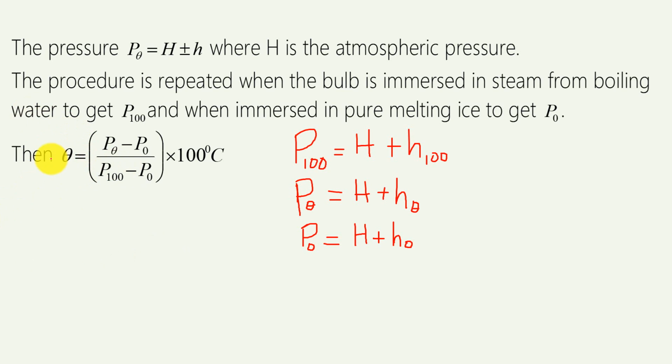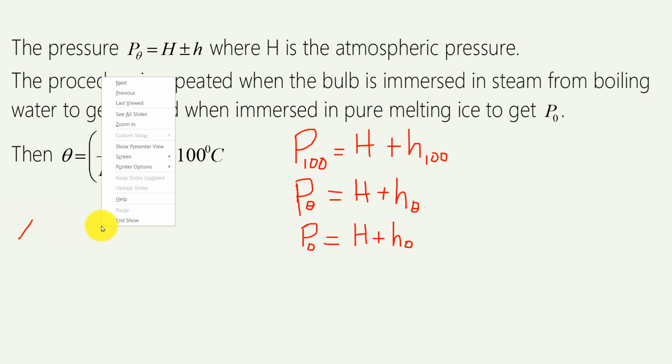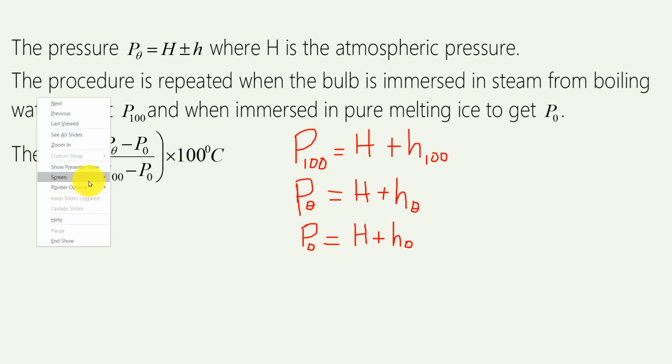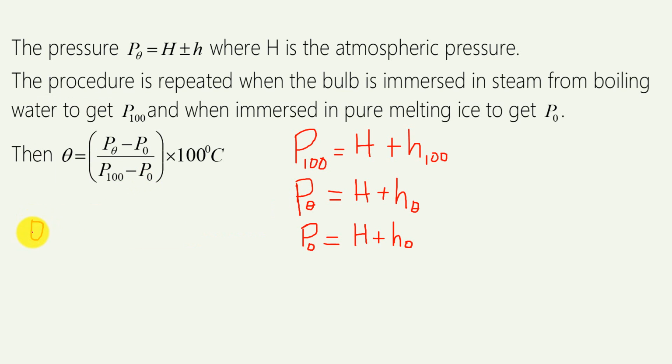Then observe something. We know that on a Celsius scale, remember what we wrote previously, if you want to determine the unknown temperature on a Celsius scale, you say theta equals X theta minus X naught over X100 minus X naught. For our case, the thermometric property is known. So we're going to say P theta minus P naught.